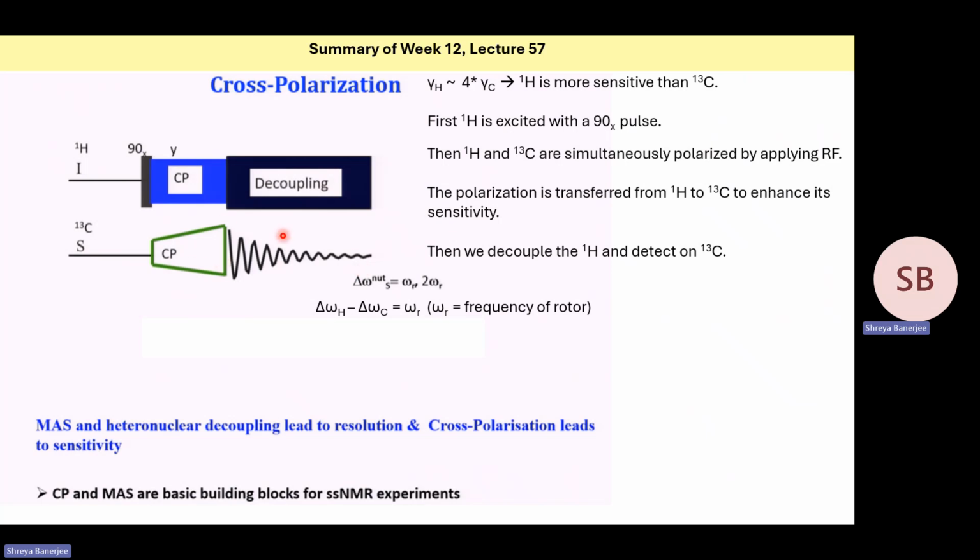So even though you're detecting on carbon, the cross polarization sequence makes the NMR very sensitive. So if there is a very low intensity signal, it can still detect that. So these two things, cross polarization or CP and MAS or magic angle spinning, are basic building blocks for solid state NMR experiments.